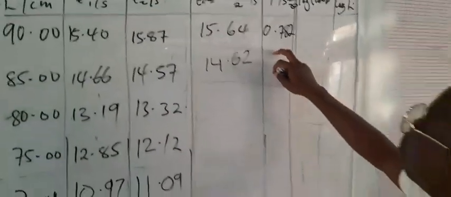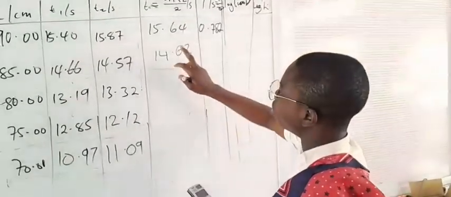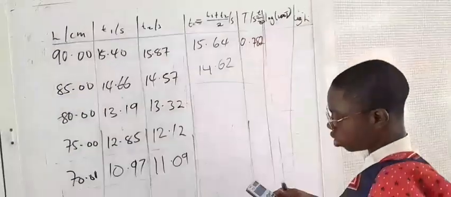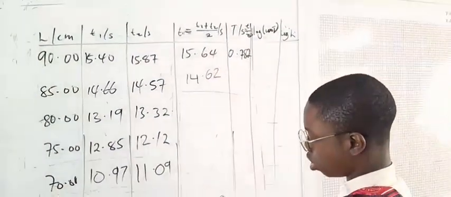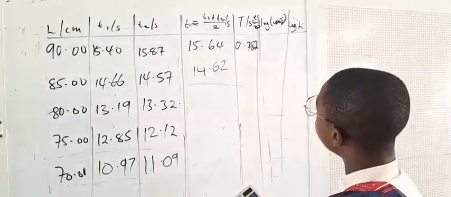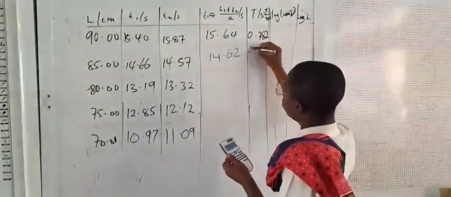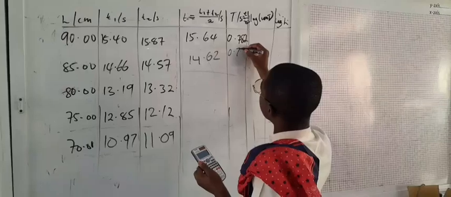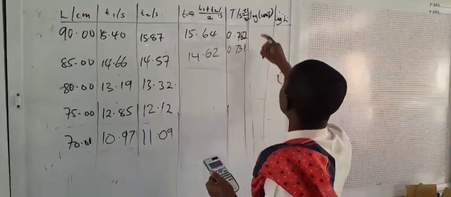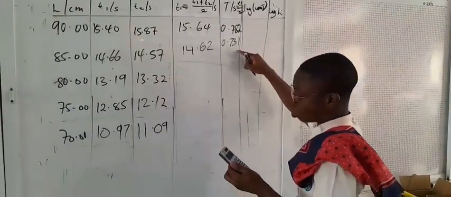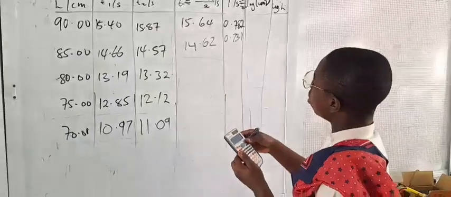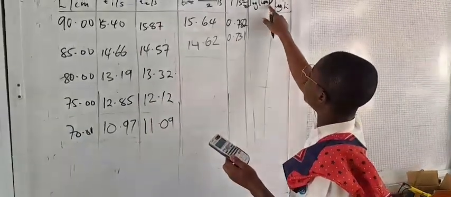So we'll take the period of this, that will be t over 20. That will be 0.73. So we're taking it to 3 decimal places, right? Yes. Then take log T for both of them: log 100T.